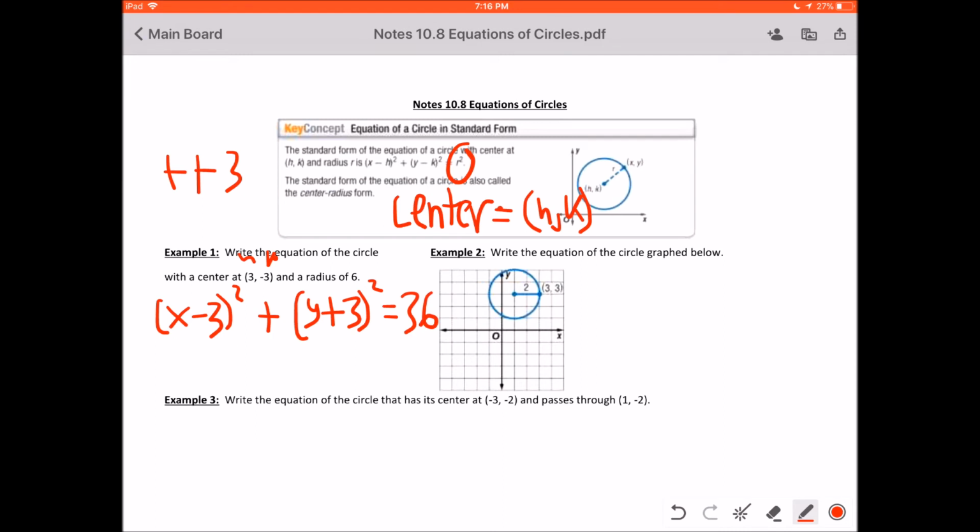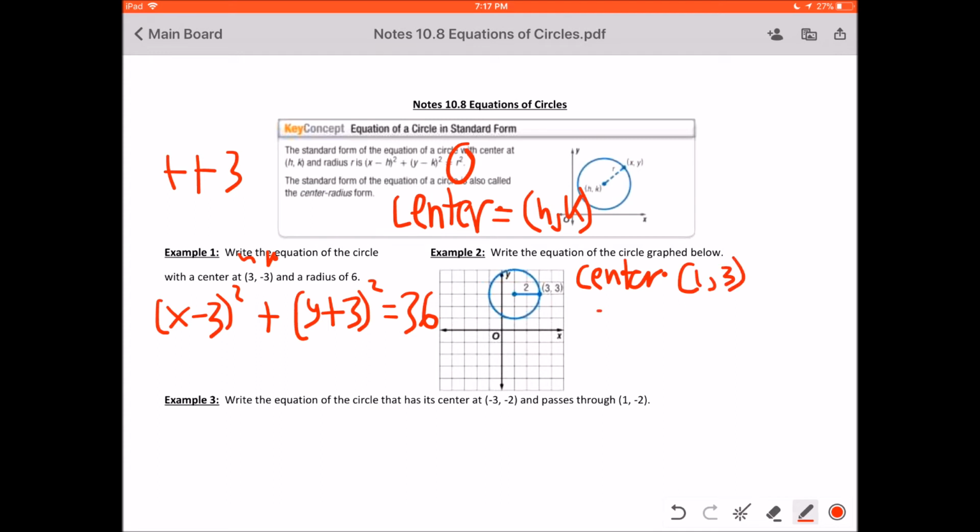Let's do example number 2. Write the equation of the circle graphed below, and you have radius of 2, and the center is 2 units to the left of this point 3 comma 3, so your center is 1 comma 3. And with this information, we can write our equation for the circle.